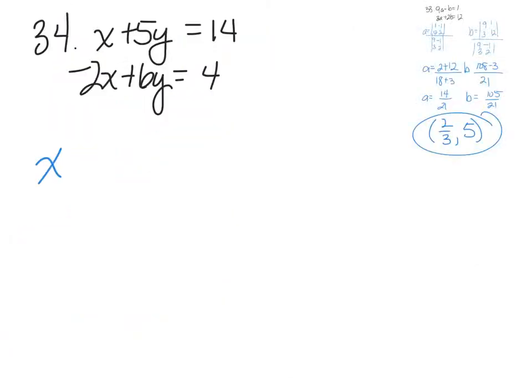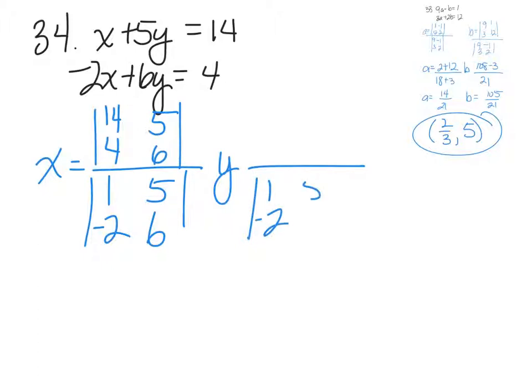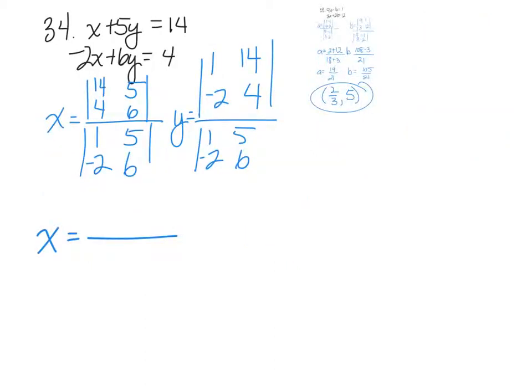Okay, here's our setup again for x. Do the easy part first. 1, negative 2, 0, 5, 6. In the numerator, where there were the x's, we put the constants, and then the y's. Okay, for y, same denominator, and coefficients of x, and constants. Okay, do our determinants. 14 times 6 is 84 minus 4 times 5 is 20, and 6 minus negative 10.